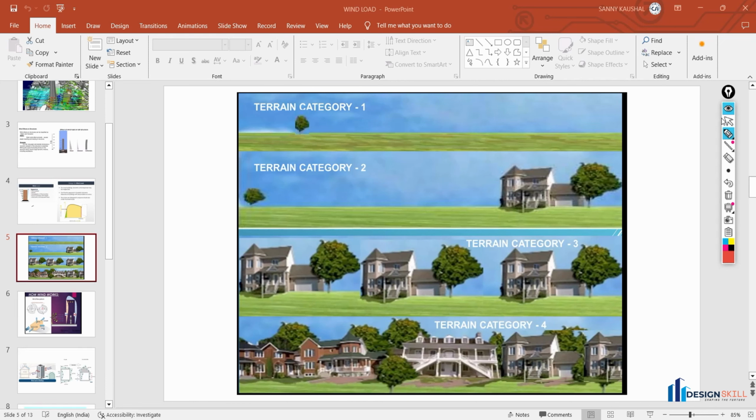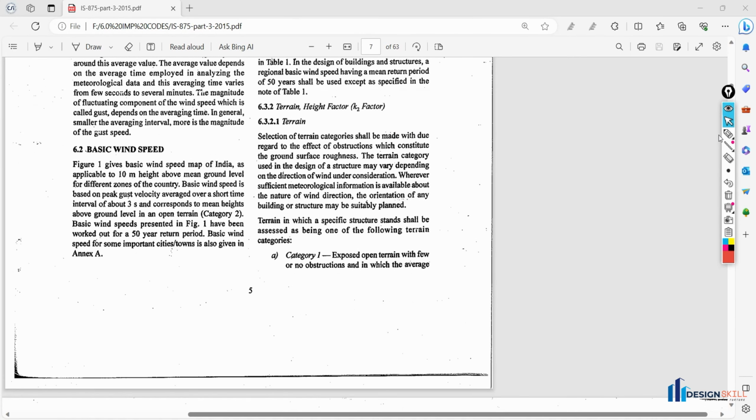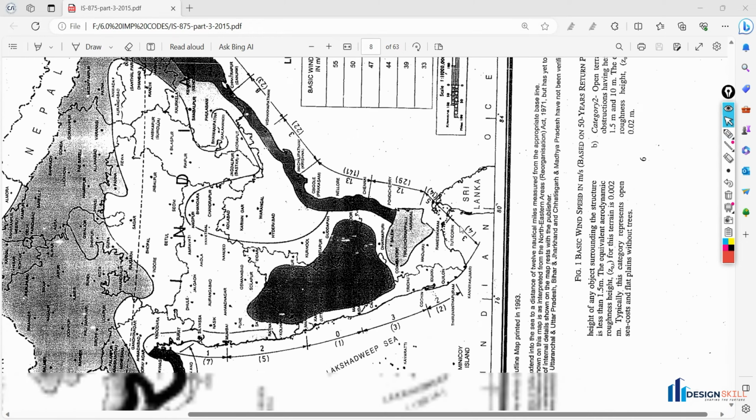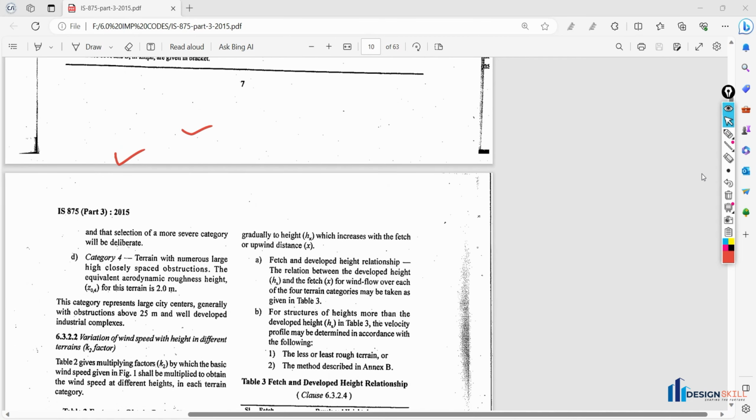You can also look at the code. If you open IS 875, you will find there are a total of 4 terrain categories: terrain category 1, then terrain category 2, 3, and finally terrain category 4 just below it.